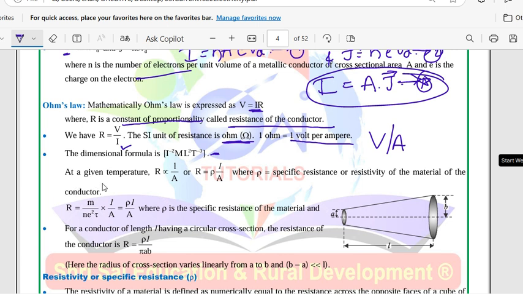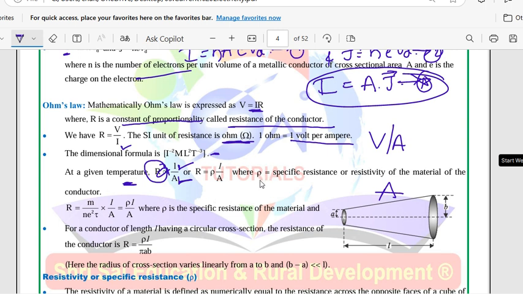Now at a given temperature, suppose you consider any conductor which has length L and area A. The resistance is directly proportional to L divided by A, the length of the conductor over the area. Or, removing the proportionality constant, R is equal to rho into L by A.